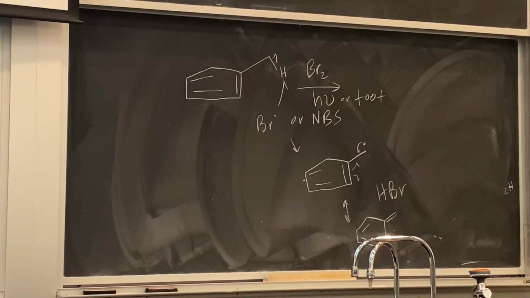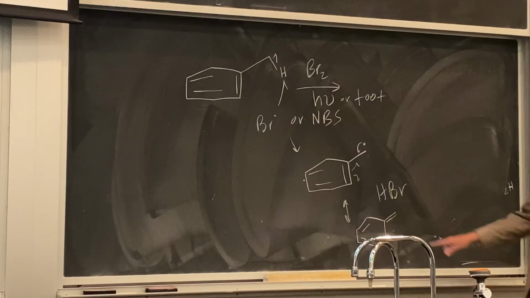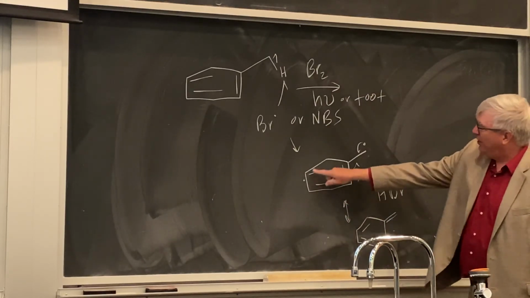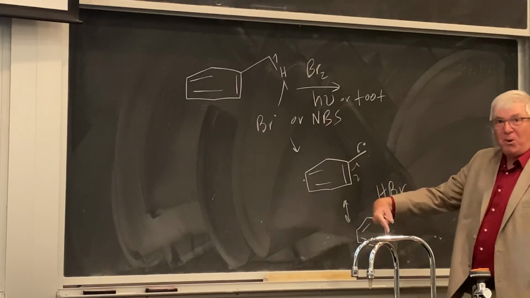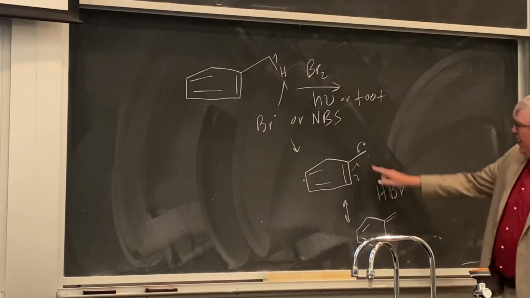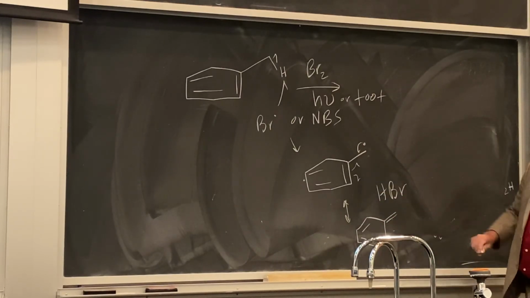By the way, you can delocalize anions around the ring as well. So you've got this extra electron density here, and we selectively take this one off. We don't take any of the hydrogens off around the ring because those are perpendicular. We don't get conjugation and resonance stability. It's only at the benzylic position that we get that.